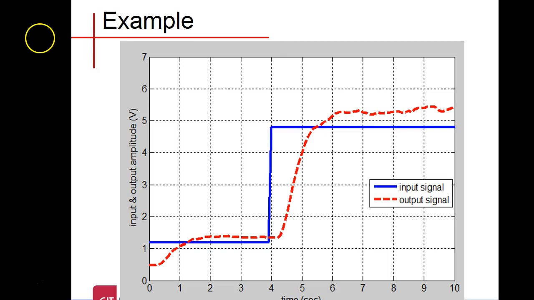So let's say I assume an amplitude of 1.2 at the start. Here's my change in input, from 1.2 up to maybe about 4.8, giving me 3.6.